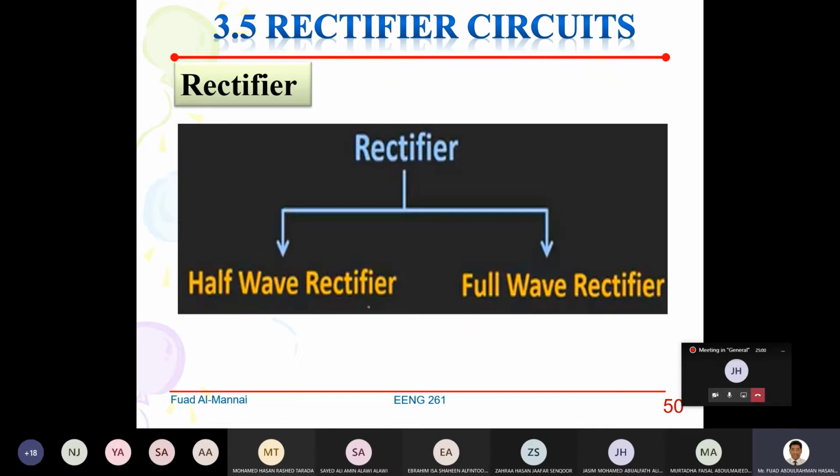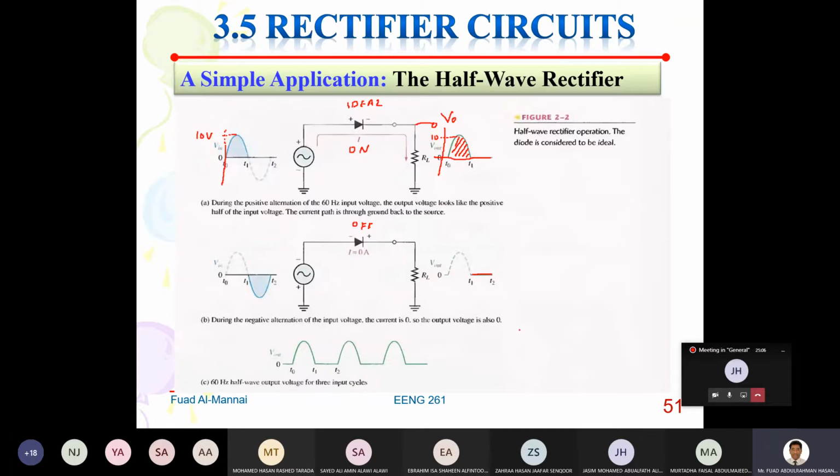All right, now we're going to deal first with the half-wave rectifier, which is the easy one, and that's on slide number 51. As you can see here, we call this a half-wave rectifier, and it contains just one diode, and then RL, and we take the output across the RL.